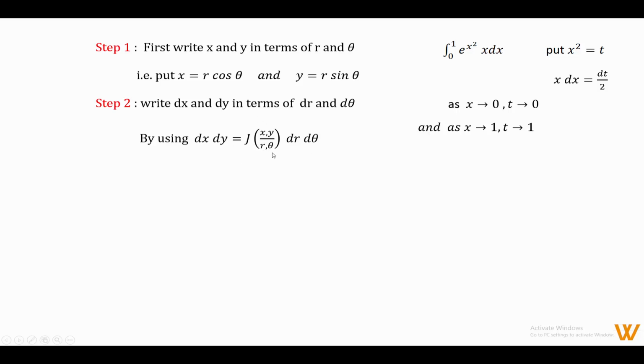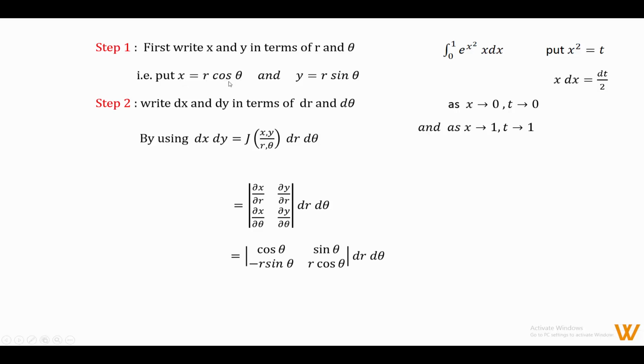Now simplify the Jacobian. Therefore dx dy is equal to the Jacobian of x, y with respect to r, theta, which is a determinant whose first row is del x by del r, del y by del r, and second row is del x by del theta, del y by del theta, dr d theta. Now first write down del x by del r.